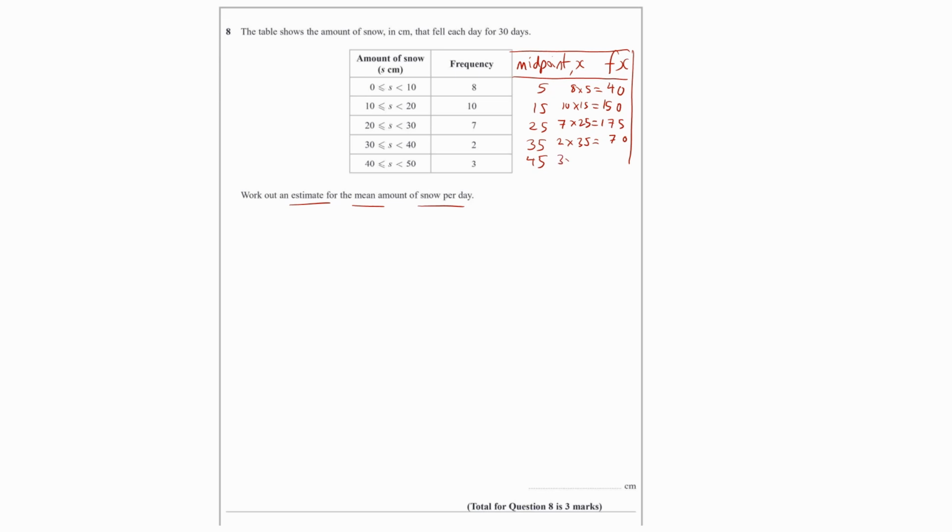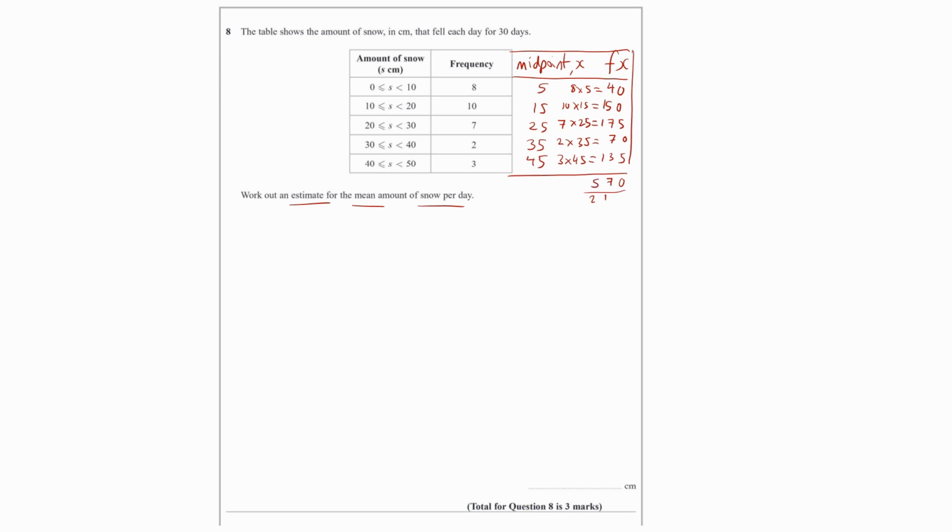So the sum of fx, so that'd be 40, 150, 175, 70, 135, which comes to 570.